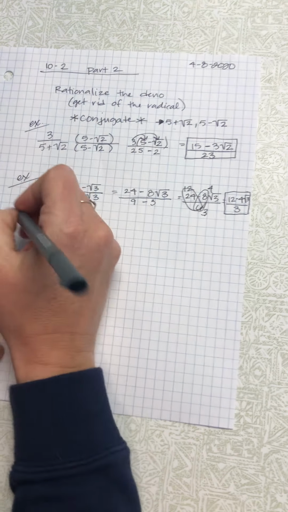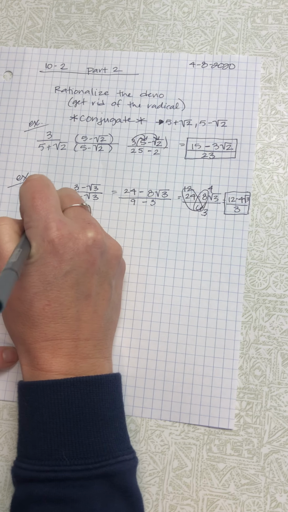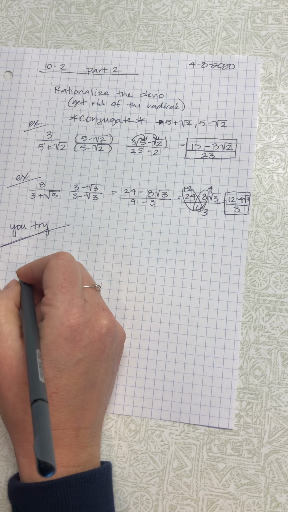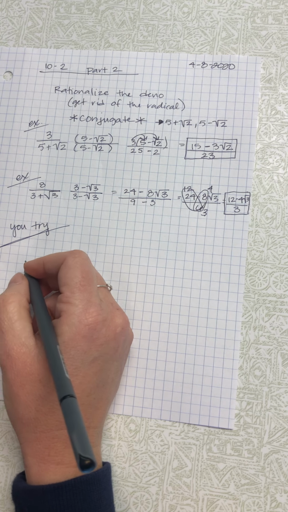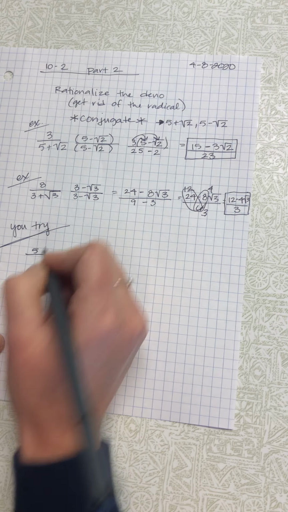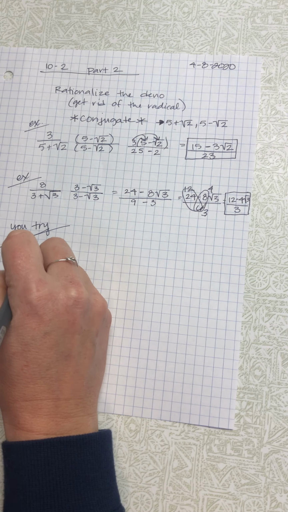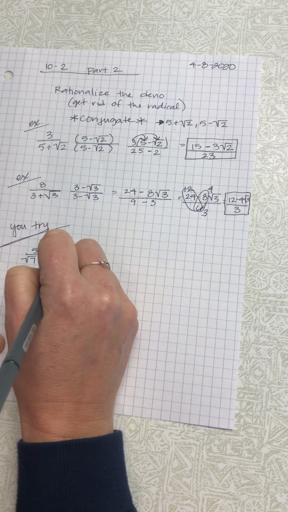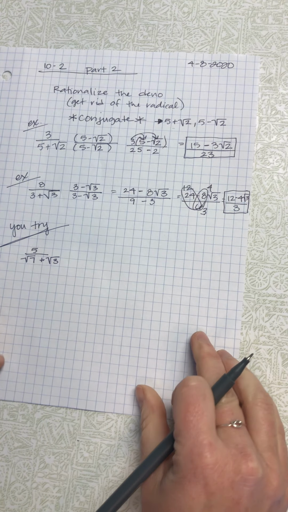You ready to try one? Here's yours. You try. Let's say you have 5 over the square root of 7 plus the square root of 3. I'm going to solve this quietly.